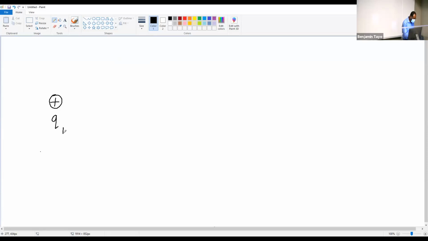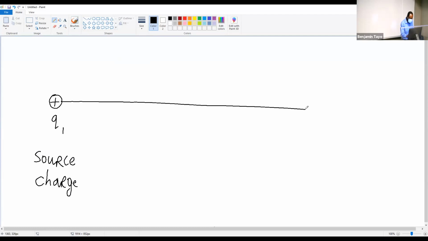In Q1, if you remember, this is my source charge. You know that the electric field is coming out in all directions like this.